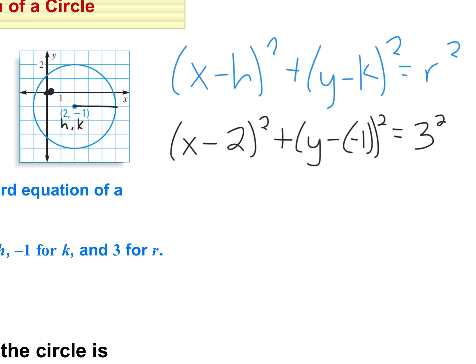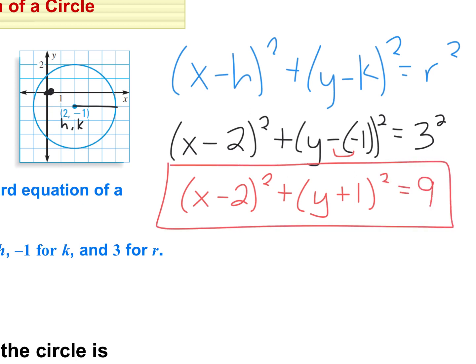Now we simplify. I can't do anything with x minus 2 squared. What happens with these two negatives? They cancel out and turn into a positive. And 3 squared is 9. That's the equation if your center is not at the origin.